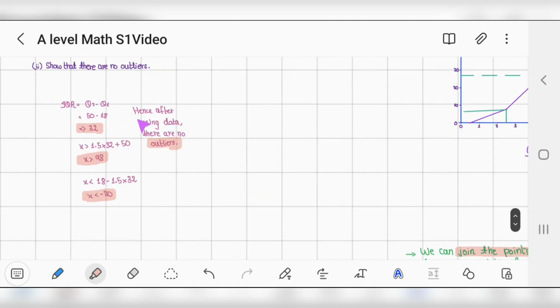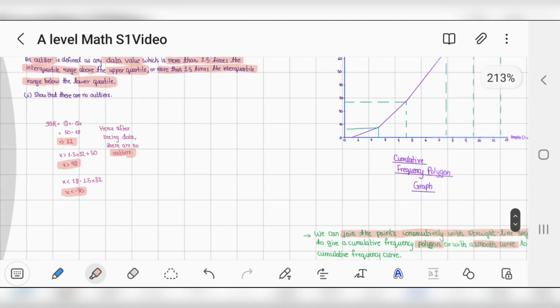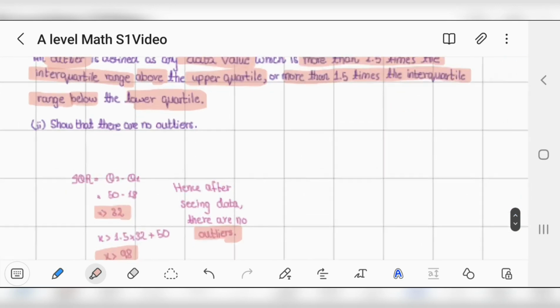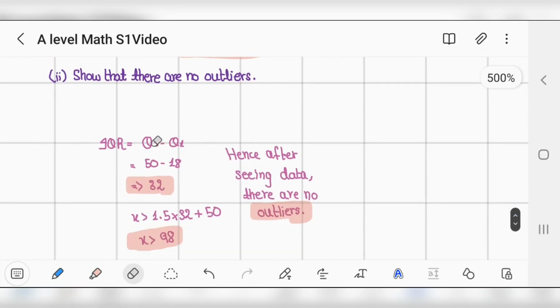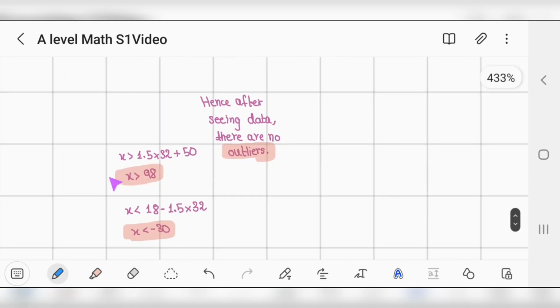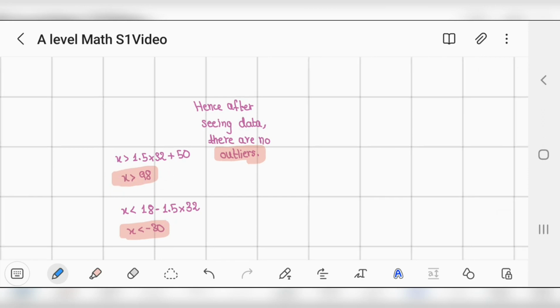So yes, after seeing the data there are no outliers, definitely. Maybe it wasn't necessary to write it down. We just need to know whether any data comes into this range or not.